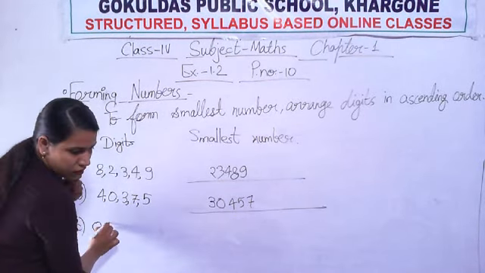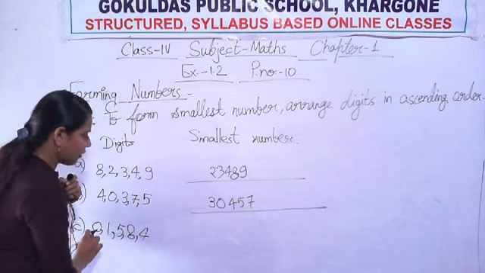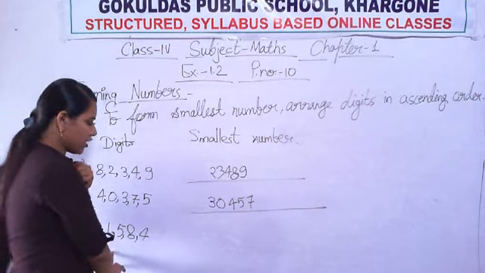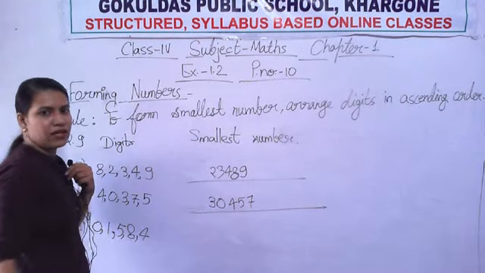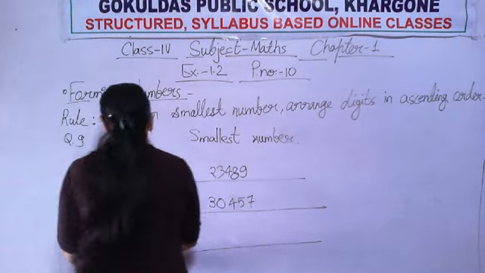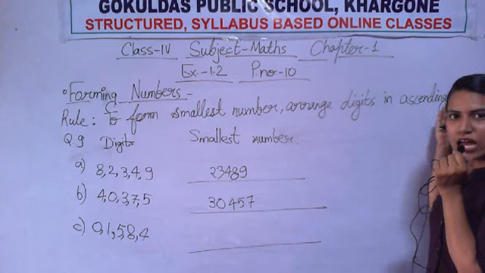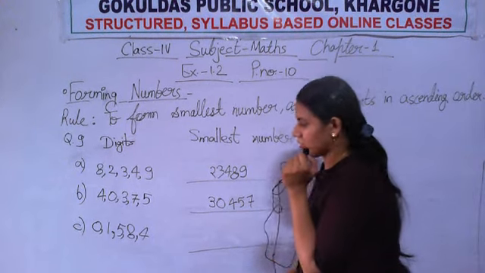0, 1, 5, 8, 4. 1, 2, 3, 4 and 5 digits are given, and using these digits you want to make the smallest number. So arrange all these numbers in which order? To form the smallest number, arrange digits in ascending order.